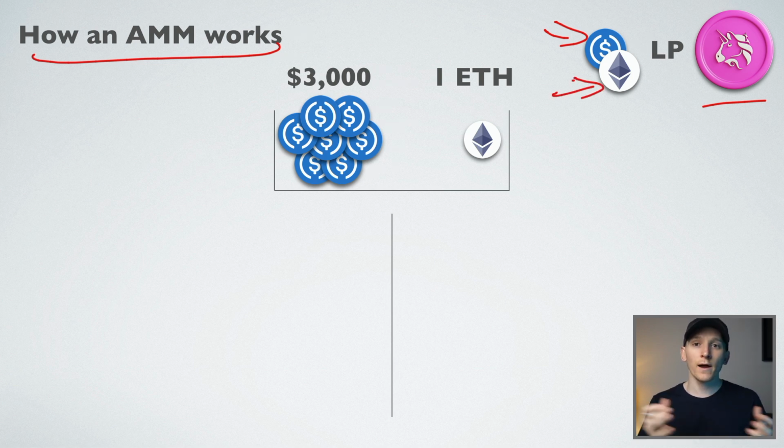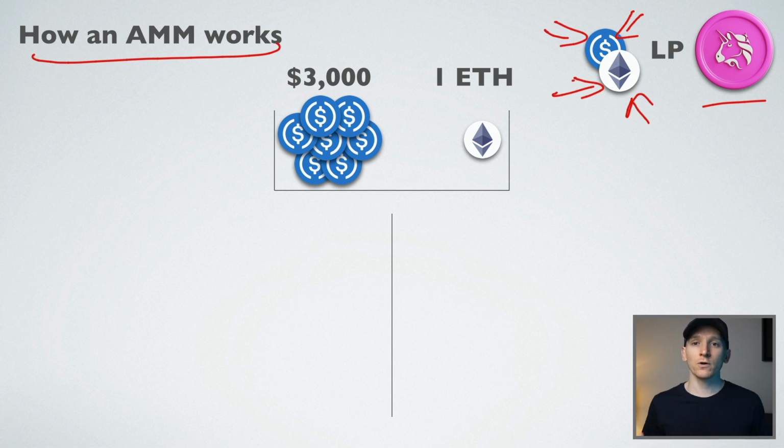Now, if traders come in and trade these, then they pay fees, of course. They pay trading fees. And with DeFi or these automated market makers, you or me can actually add our tokens in. For example, if we have ETH and USDC, we can add these tokens into the pool for the market maker to use as liquidity.